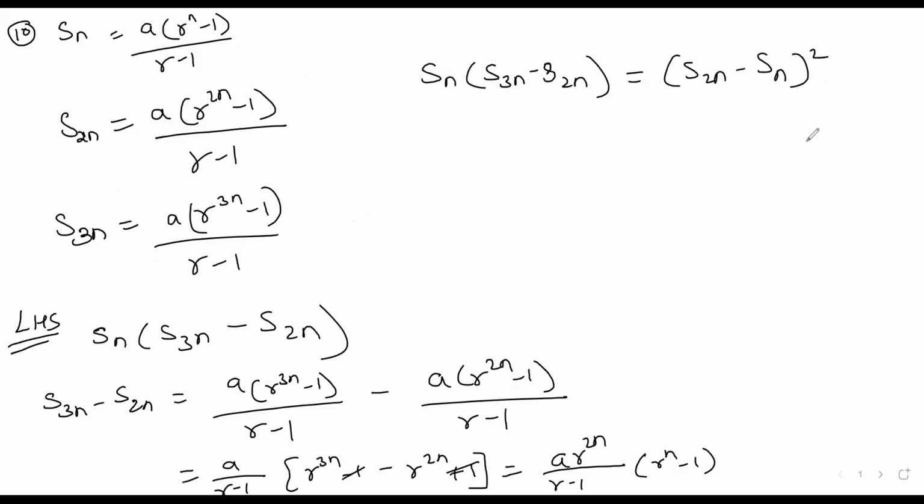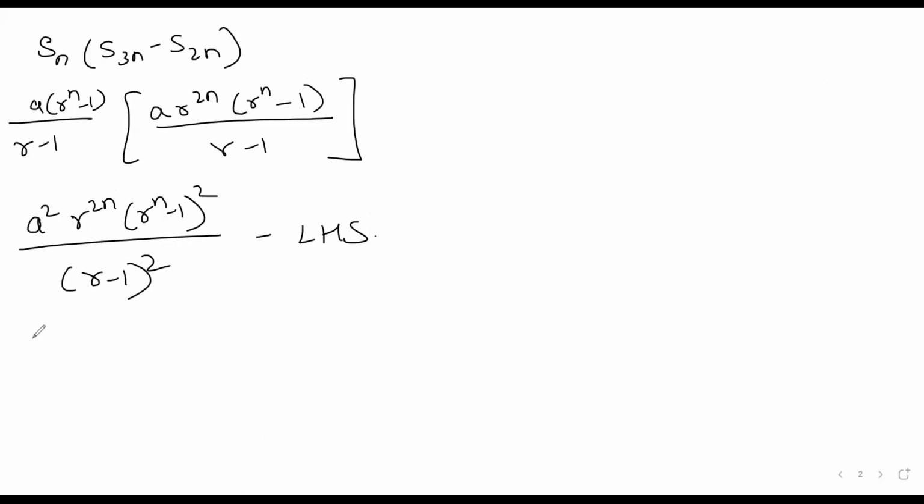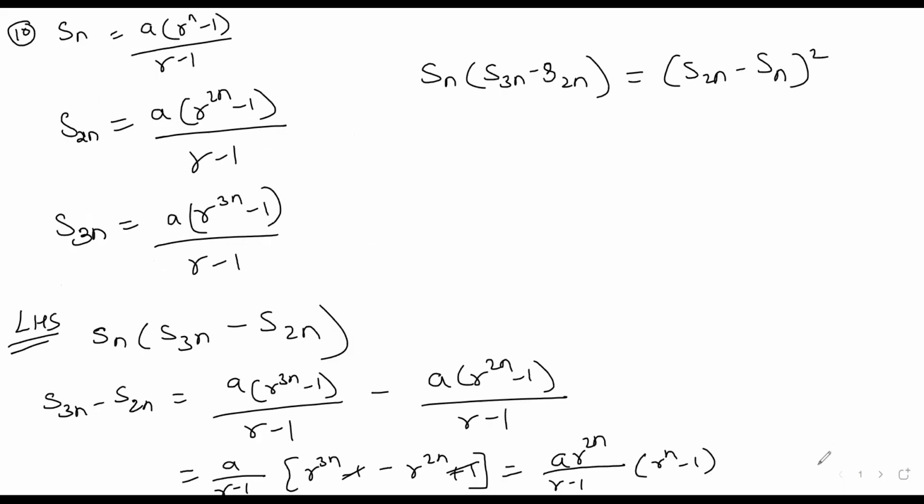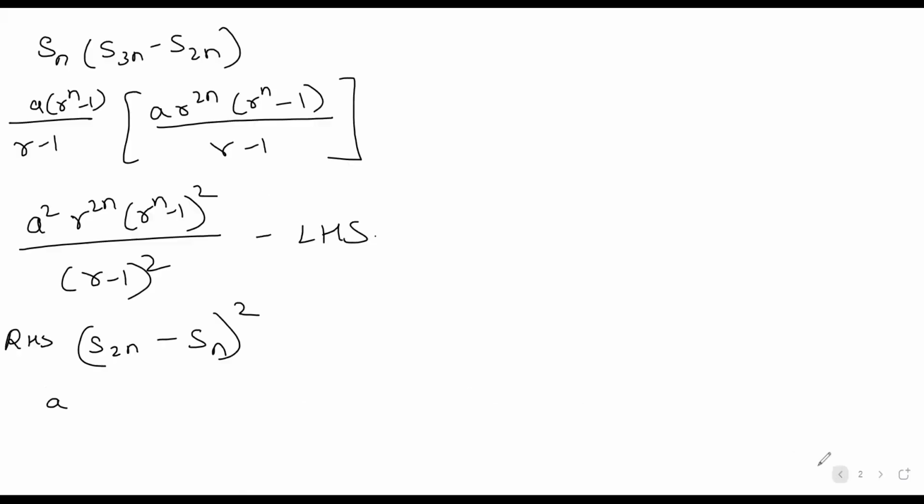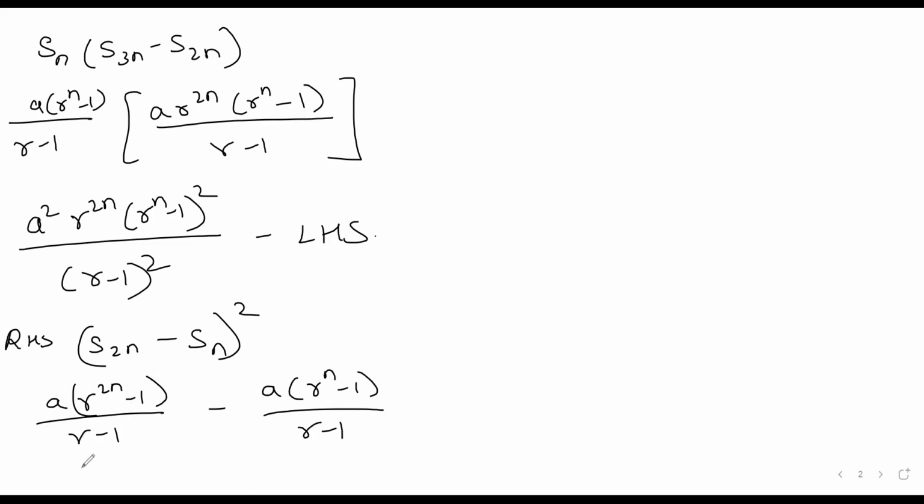RHS is S2n minus Sn bracket square. So S2n is A r raised to 2n minus 1 upon r minus 1 minus A r raised to n minus 1 upon r minus 1.